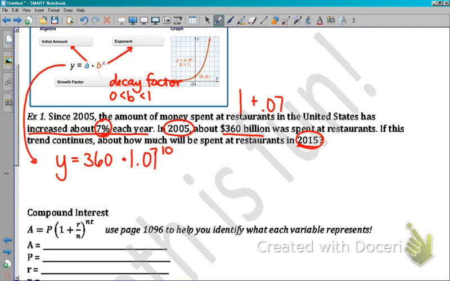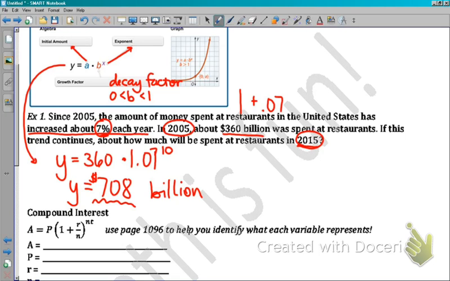And then you're going to multiply that by 360 billion. And you will get y equals $708 billion. Okay, so I expect that in 2015, Americans will spend about $708 billion.